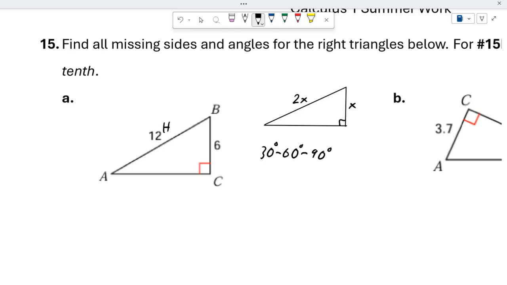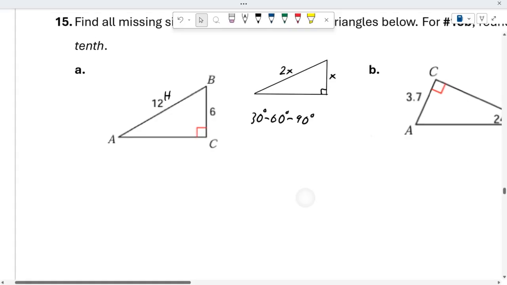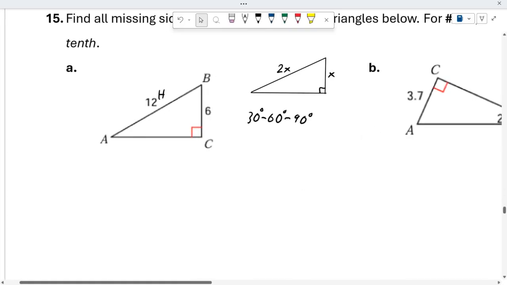If you can recognize that this is a 30, 60, 90 triangle, this question becomes fairly straightforward. Because in a 30, 60, 90 triangle, not only do the short leg and the hypotenuse have this relationship, but you can also connect things to the long leg, which is the side that we're missing.